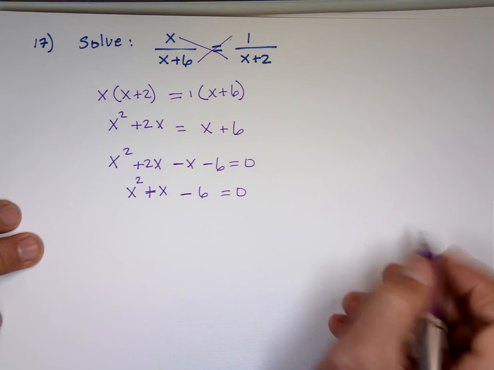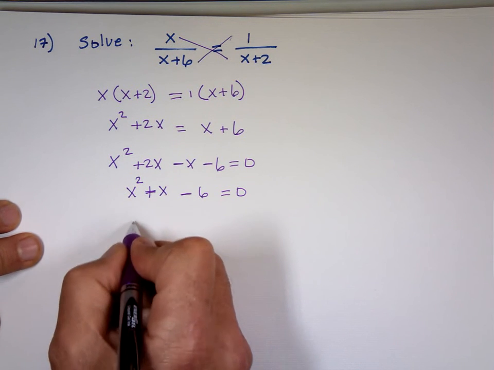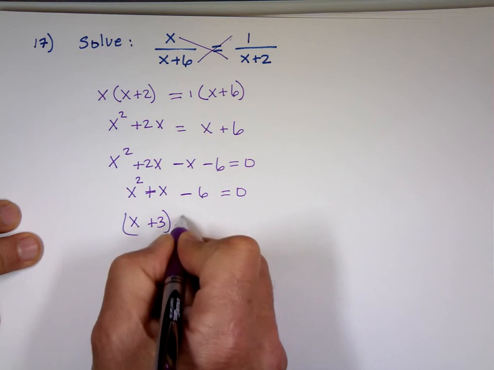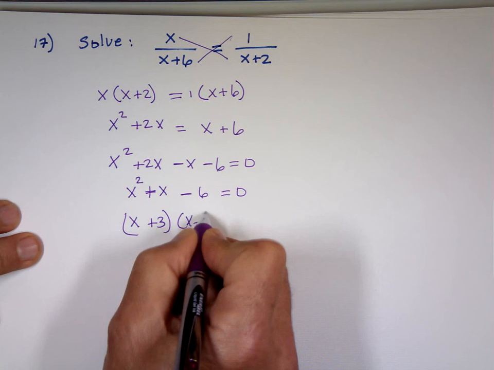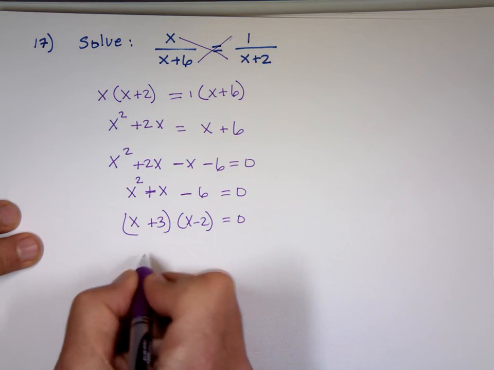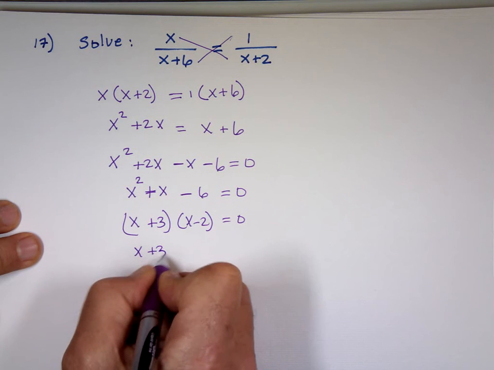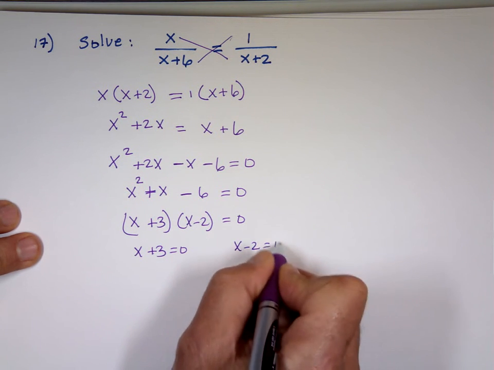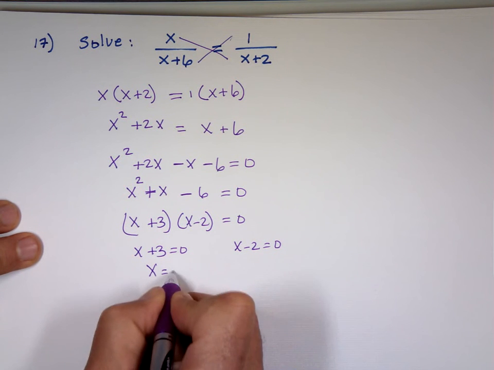X plus 3, x minus 2. Set each factor equal to 0 and solve it. X equals negative 3, x equals 2.